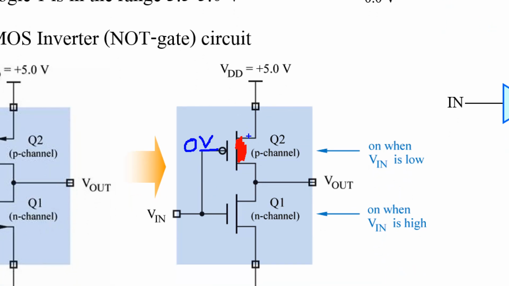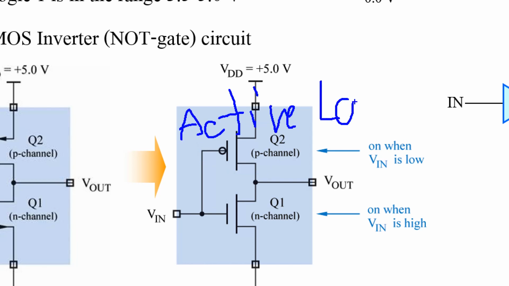Or this switch, if you treat this one as a switch, this transistor switch will be turned on when the input voltage at the gate terminal is low. So this kind of control is called active low.